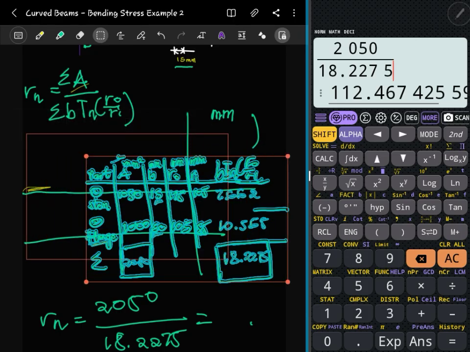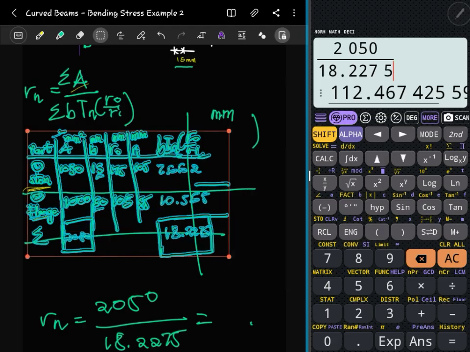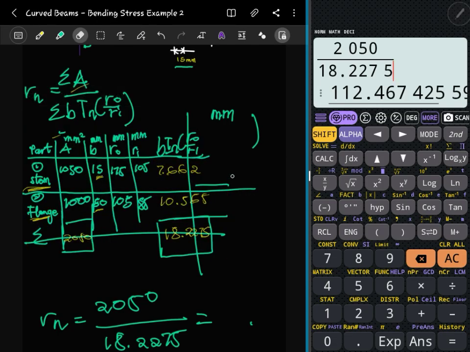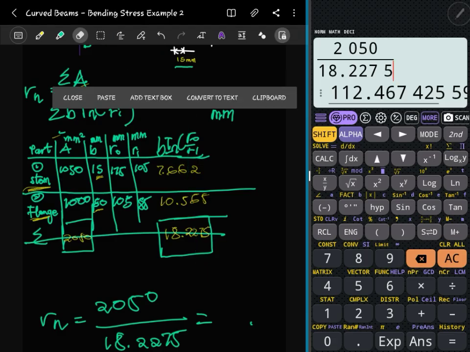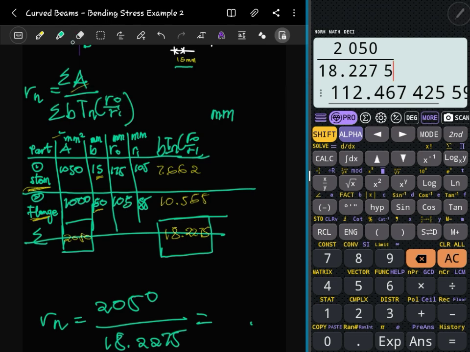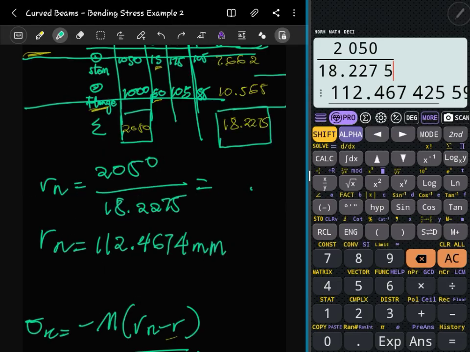So now I have all this. Oh, there's a shifting table. Let's do it here.